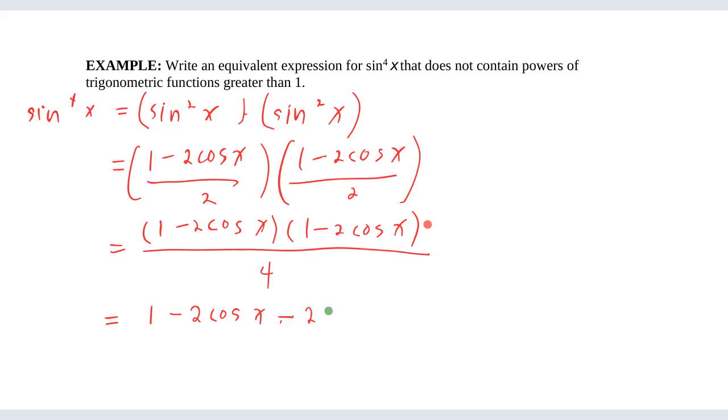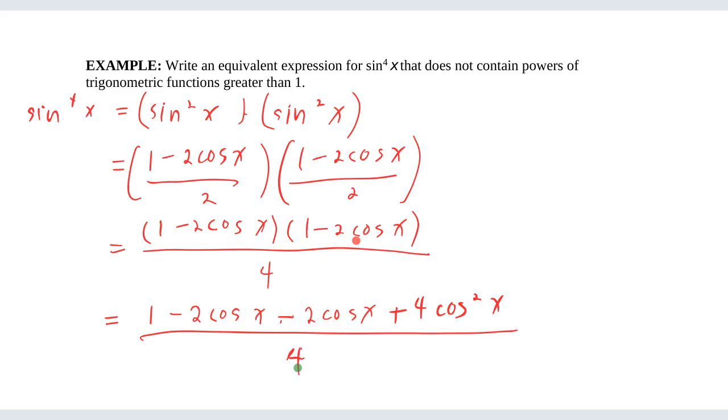Did you see that? 1 times 1 will have 1. 1 times negative 2 cosine x is this. Now the second term, negative 2 cosine x times 1 is negative 2 cosine x. Negative 2 cosine x times negative 2 cosine x is positive 4 cosine squared x, all over 4.